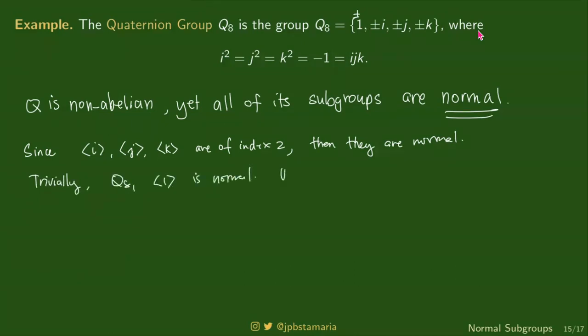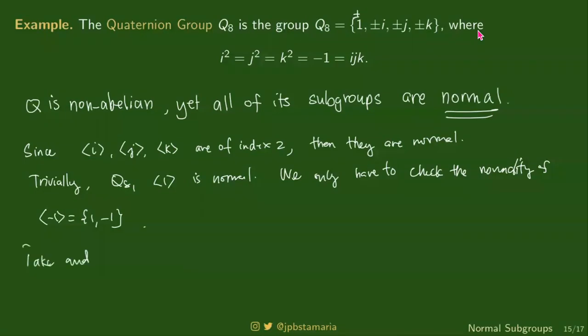So we only have to check the normality of the subgroup generated by -1, which is this. Kasi 1 and -1 yan, di ba? If you take any element Q in Q8, kahit na sino, ang Q times -1, it's just Q times -1 and minus Q, right?